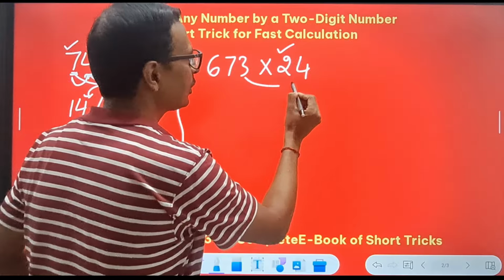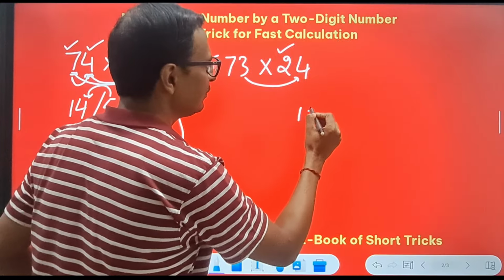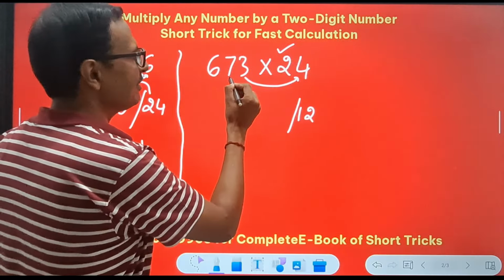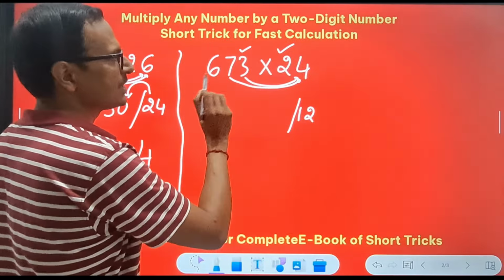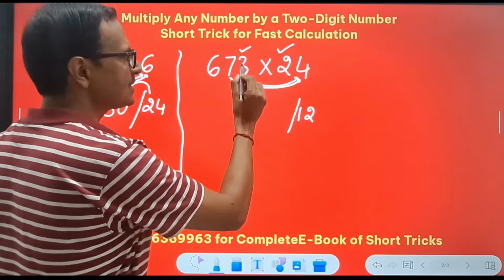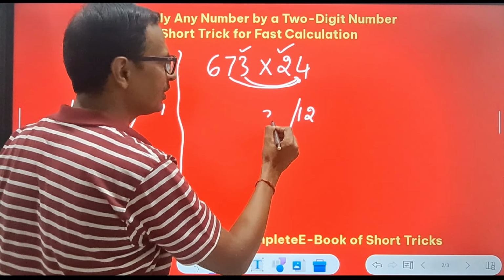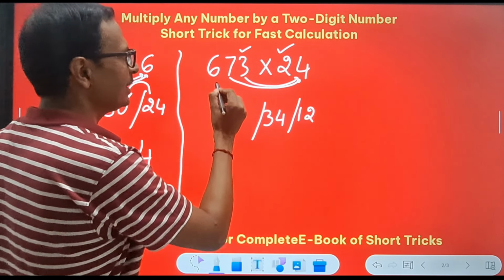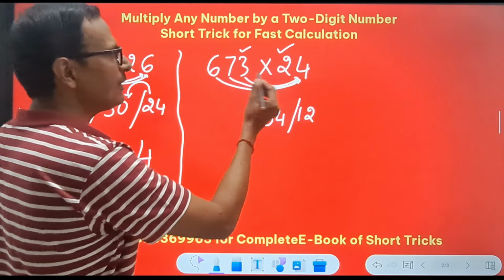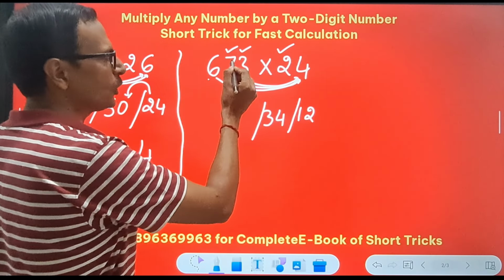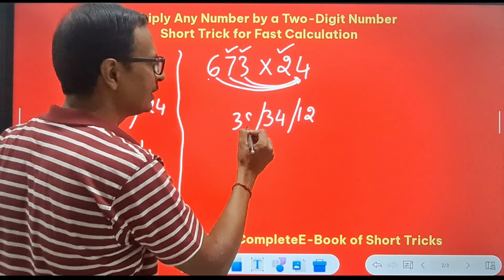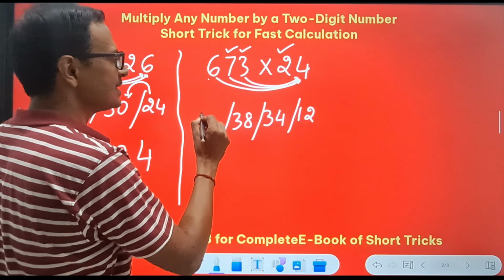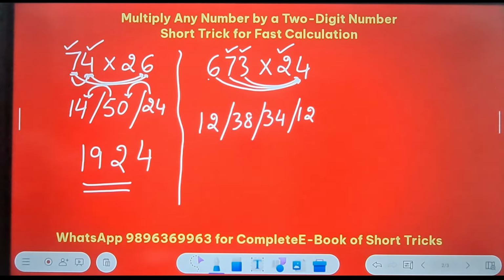So 3 times 4 is 12. 7 times 4 is 28, and double of this is 6. 28 plus 6 is 34. Then 6 times 4 is 24, and double of 7 is 14. So 24 plus 14 is 38, and finally double of 6 is 12. So we have 4 numbers, and these are the 4 numbers I wanted.